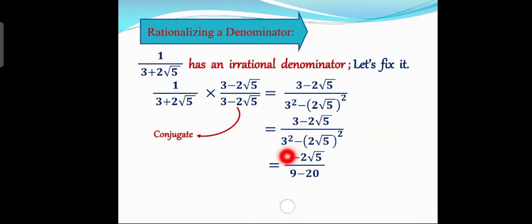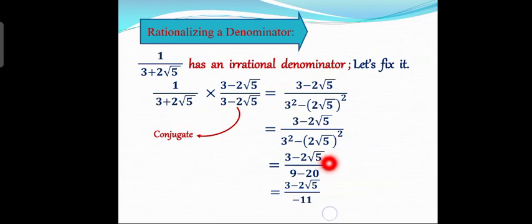After simplification, this is 9 minus 20, and 9 minus 20 is equal to negative 11. So after multiplying and dividing by its rationalizing factor, that is its conjugate, we get 3 minus 2 times square root of 5 over negative 11. This is the simplest form now, and here the denominator is a rational number.